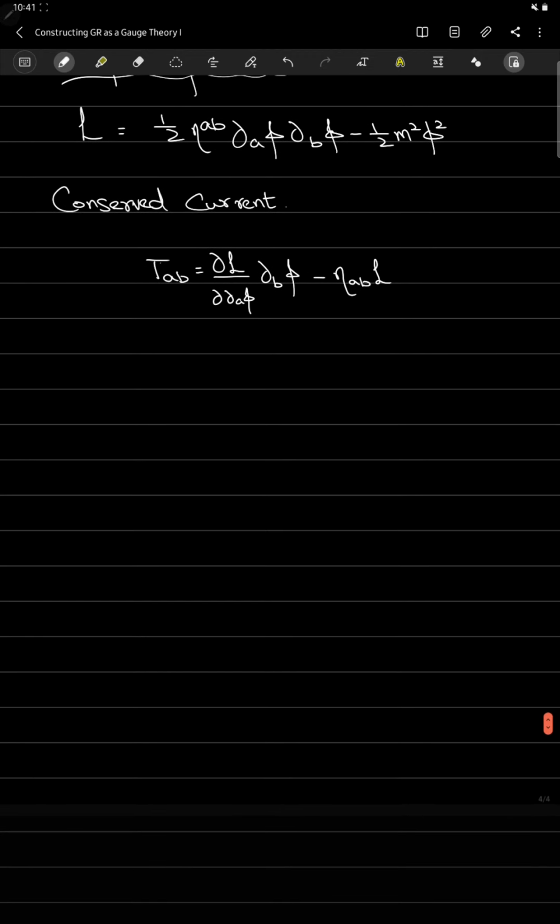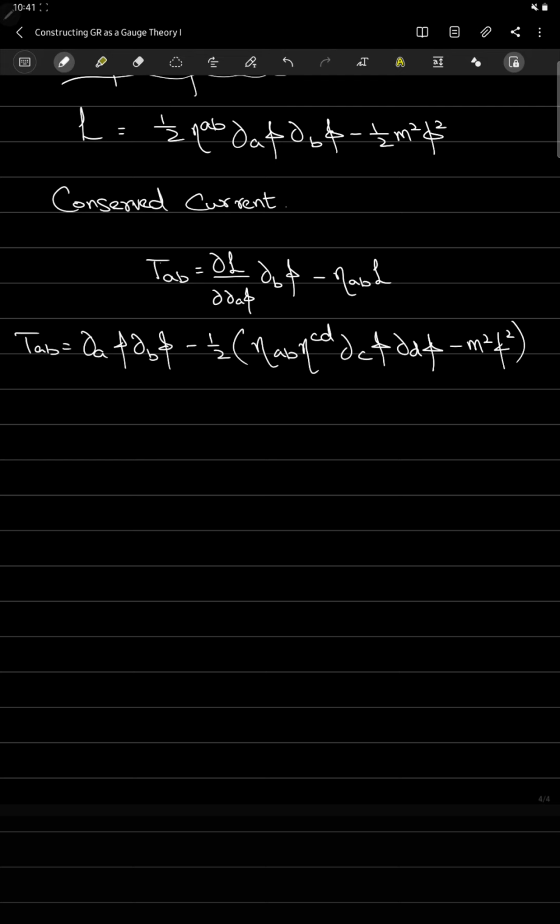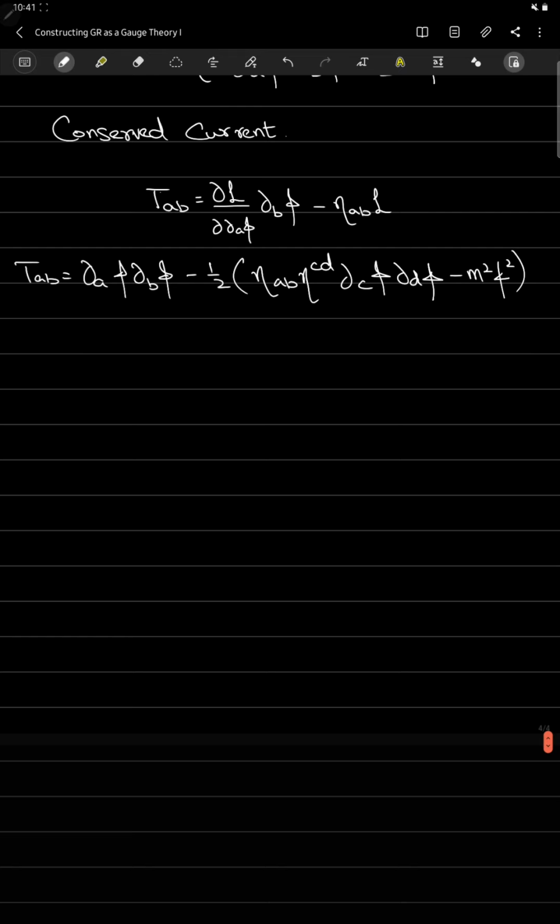Well, I can even write this down much more explicitly. That would be ∂_A φ ∂_B φ minus 1/2 η_AB (η^CD ∂_C φ ∂_D φ minus m² φ²). Now, using the equations of motion as well, it follows that ∂^A T_AB is equal to 0.